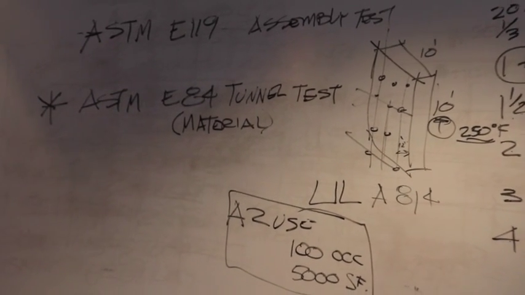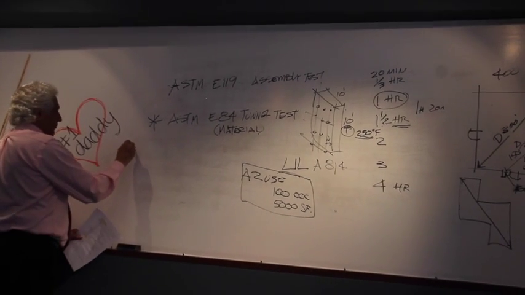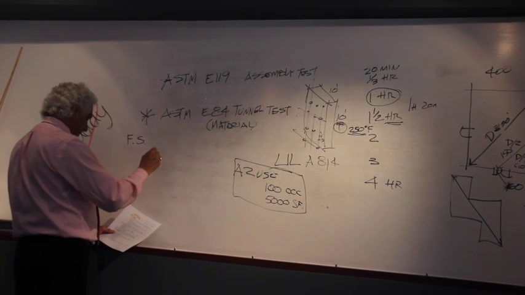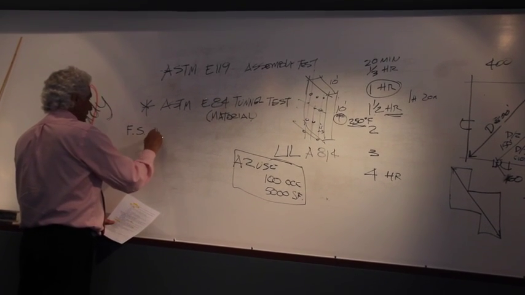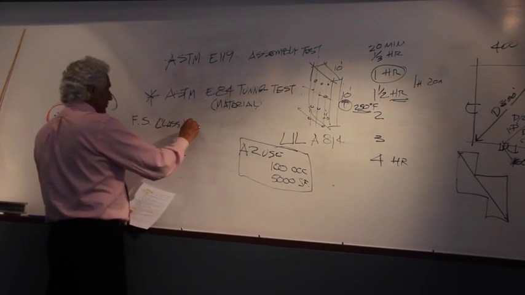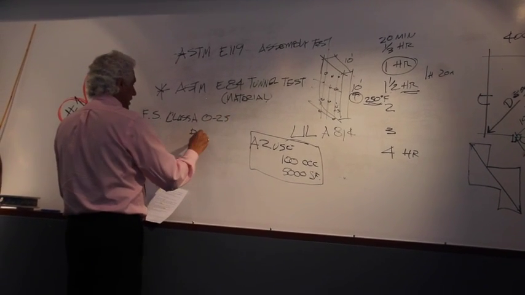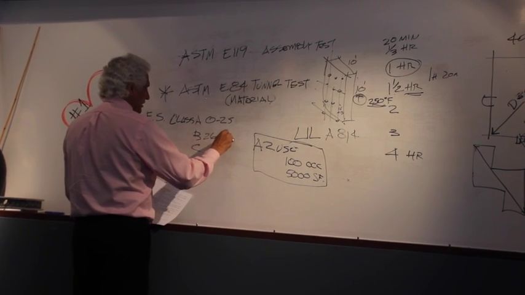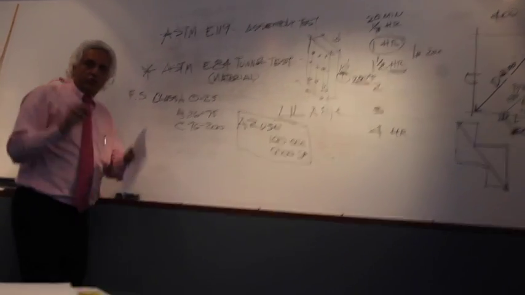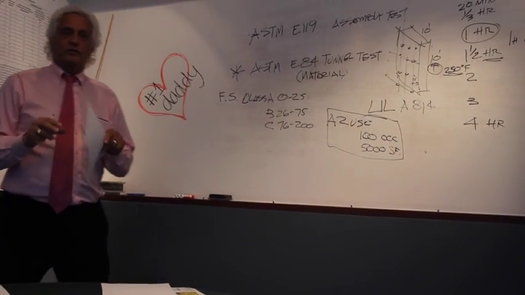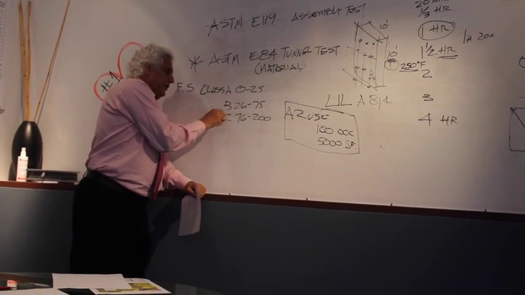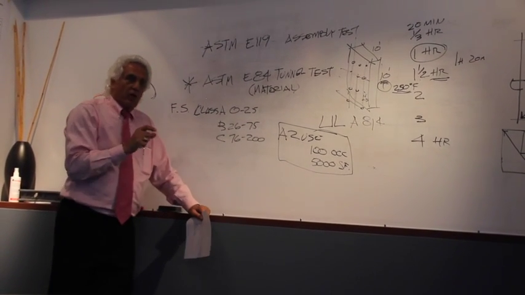The code will require that you have a flame spread rating of Class A, B, and C. Class A rating is from 0 to 25, and B is from 26 to 75, and C is from 76 to 200. You don't have to worry about that other than to look at the material label on the material you're specifying and make sure it meets one of those requirements.